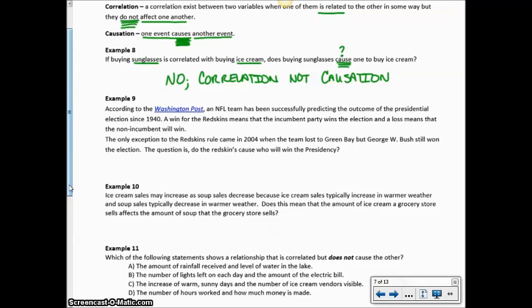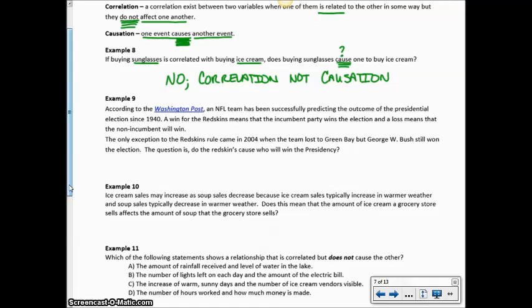Okay, so example 9. According to the Washington Post, an NFL team has successfully predicted the outcome of the presidential election since 1940. A win for the Redskins means that the incumbent party wins the election, and a loss means that a non-incumbent party will win. The only exception to the Redskins rule came in 2004 when the team lost to Green Bay, but George W. Bush still won the election.